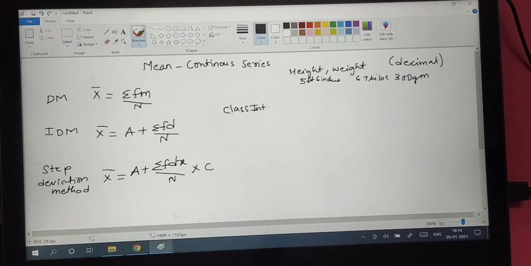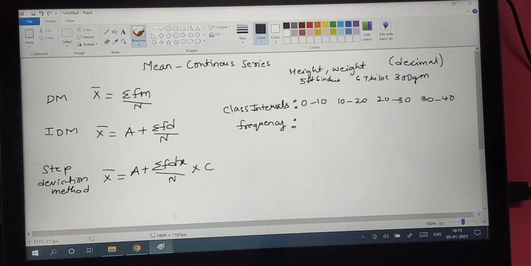So we have class intervals and we have the frequency which tells us how many numbers fall into that particular class interval. For example, let me put it as 0 to 10, 10 to 20, 20 to 30, and also 30 to 40. Okay, so here let's say this is related to weight of a particular group of people.